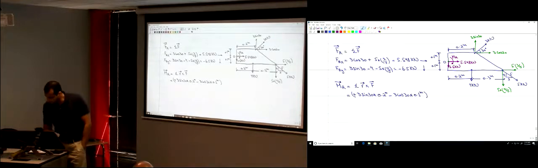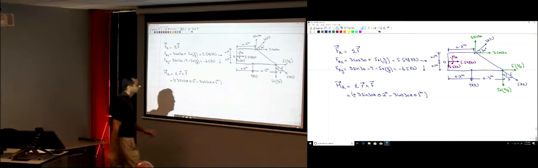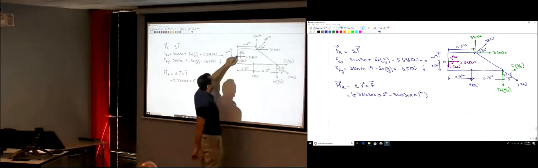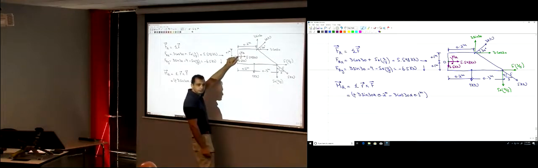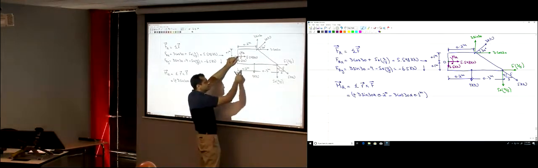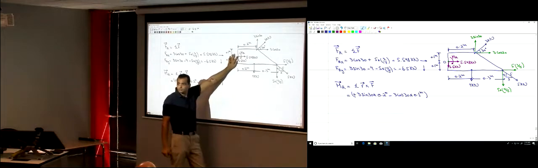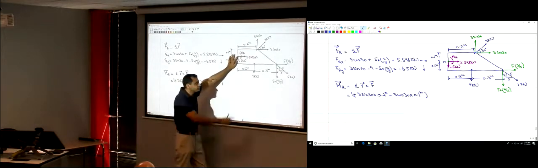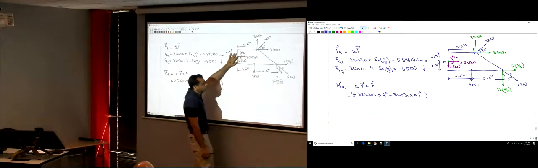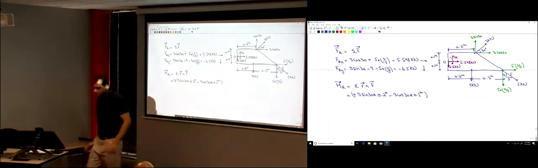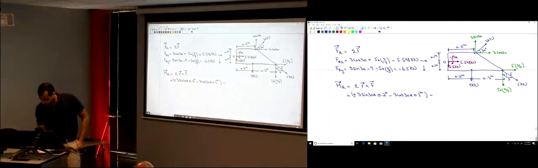And then let's see the other force. This 4 kilonewtons. How much moment does it have about point O? 4 times this distance, 0.2, right? This is the ability of this force to rotate this object about point O. It's clockwise, so it's negative. So negative 4 kilonewtons times 0.2 meters.